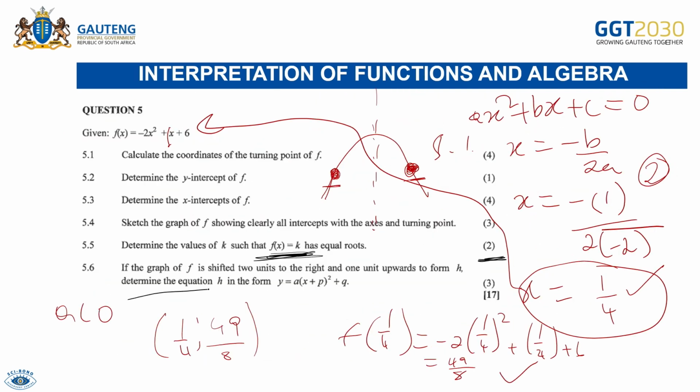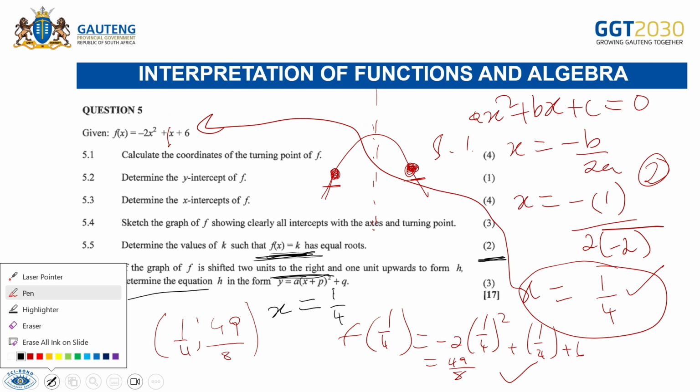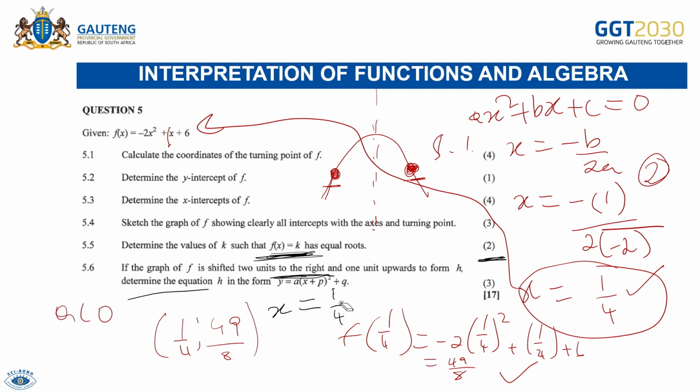Okay, let's move to 5.6. 5.6 is saying if the graph of f is shifted 2 units to the right, 2 units to the right, so it means your x is equal to the x value of the turning point, which is 1 over 4. Okay, let me not do it like that because I'm going to confuse you.